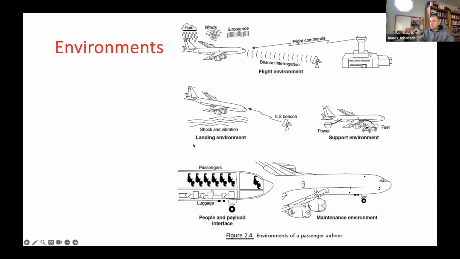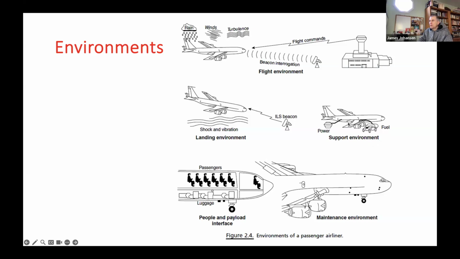A critical type of activity is the landing, so you could actually have a separate use case focusing on that. For a flight environment, you could be talking about the actors and the verbs, what the activities are that are going on. You can be talking about a landing environment, and a support environment, where at a terminal it can be powered up by local power.